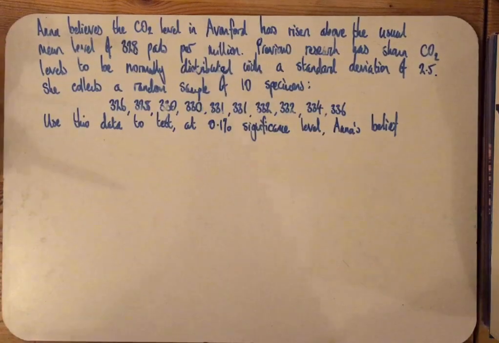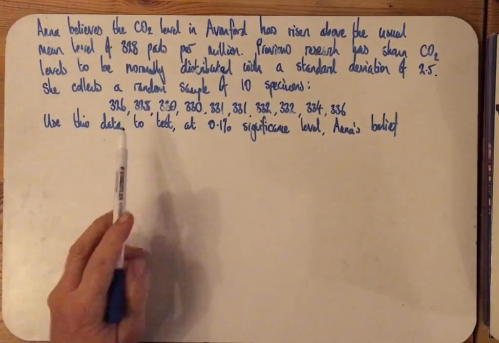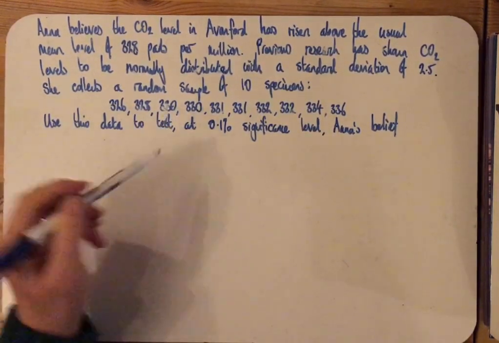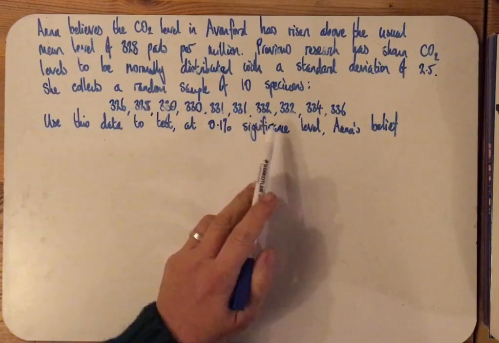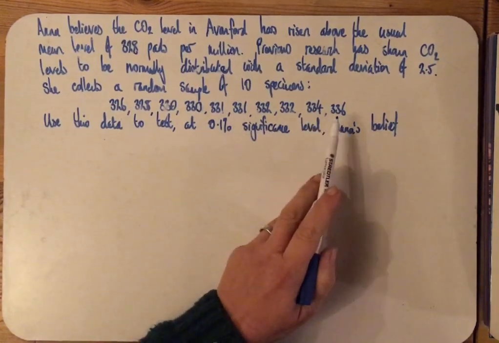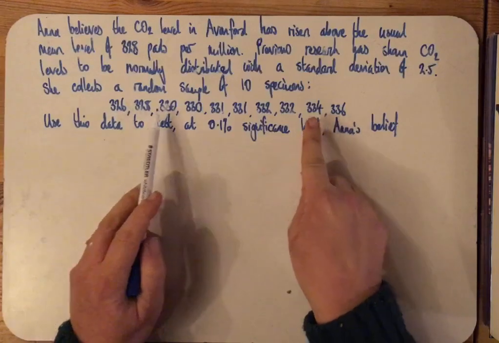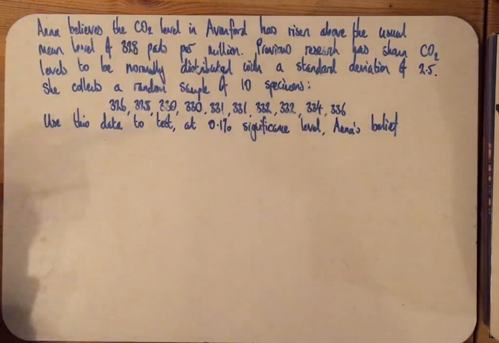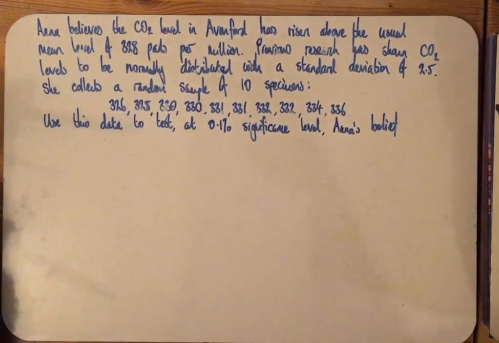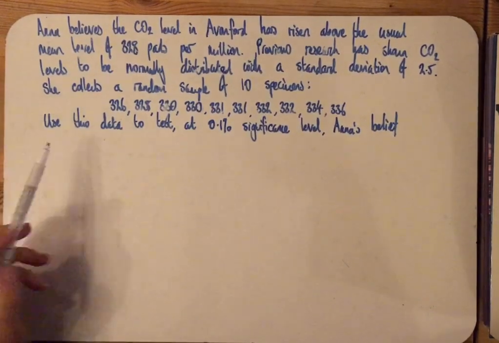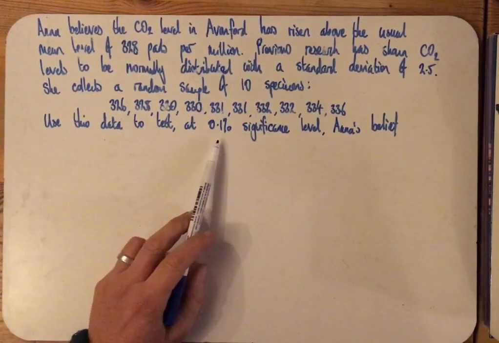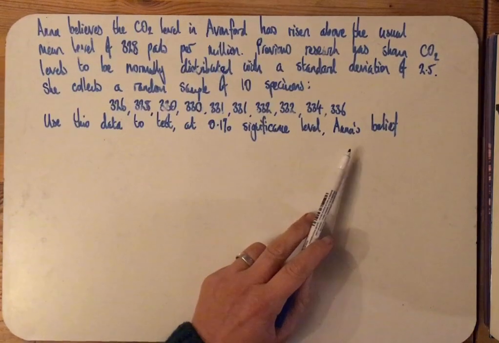She collects a random sample of 10 specimens: 326, 328, 330, 330, 331, 331, 332, 332, 334, 336. These are really nicely distributed, which would suggest they're normally distributed. They're very symmetrical. Use this data to test at a 0.1% significance level Anna's belief.